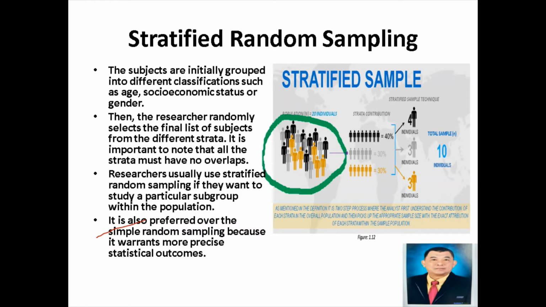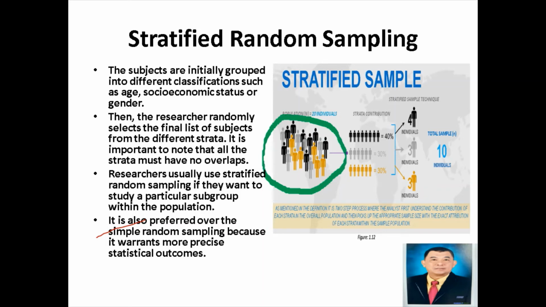Examples are demographics, age, socioeconomic status, gender, or race and ethnicity groups. Then the next step is that the researcher randomly selects the final list of subjects from the different strata. It is very relevant to note that all the strata must have no overlaps.